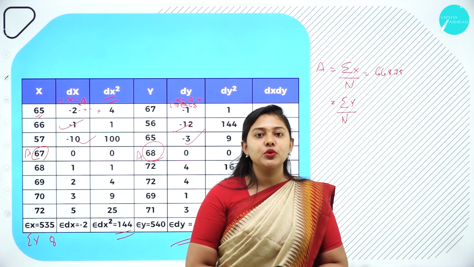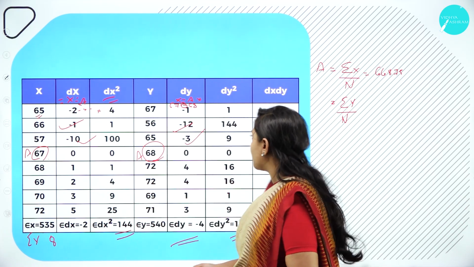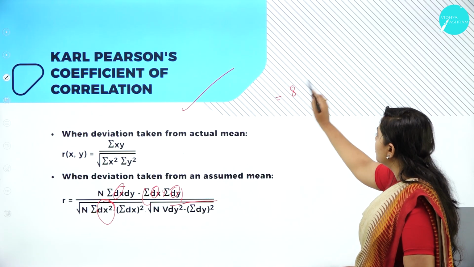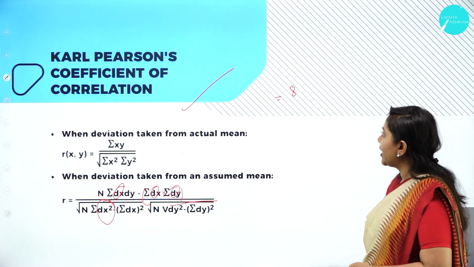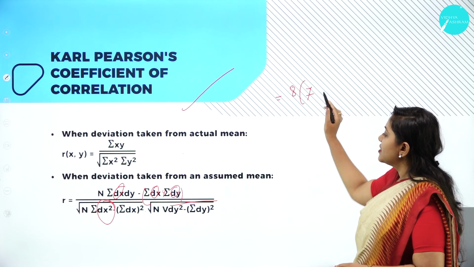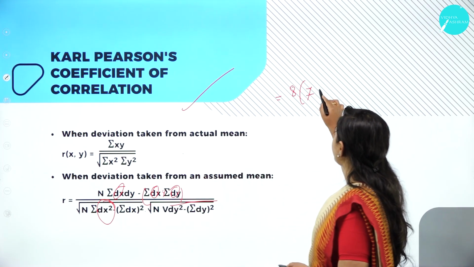So let us substitute the values into the formula and check out the answer. What is given? Number of observations is 8. Next, sigma dx dy is 74.